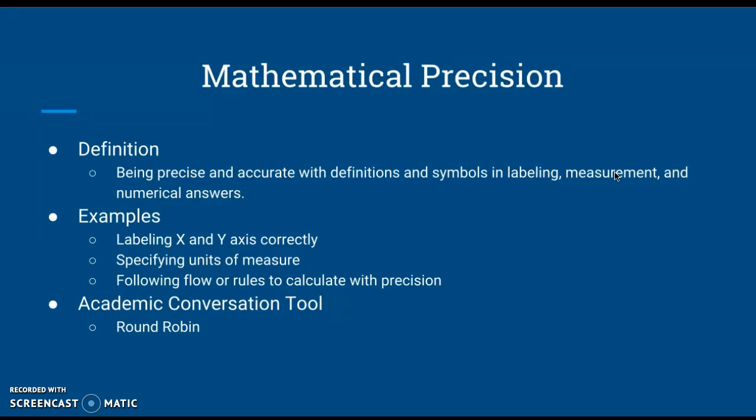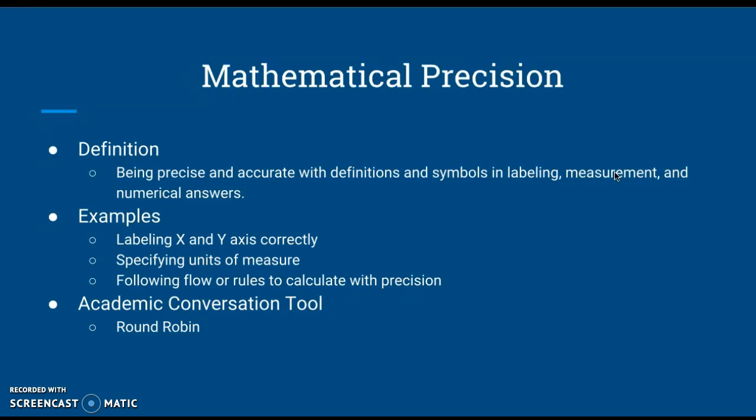Mathematical precision is just pretty much being precise and accurate with definitions, symbols, labeling, measurements, and numerical answers. So for example, making sure that the students write their x and y axis correctly, specifying units of measure, following the flow or rules to calculate with precision. An academic conversation tool that can be used in math is called the round robin.